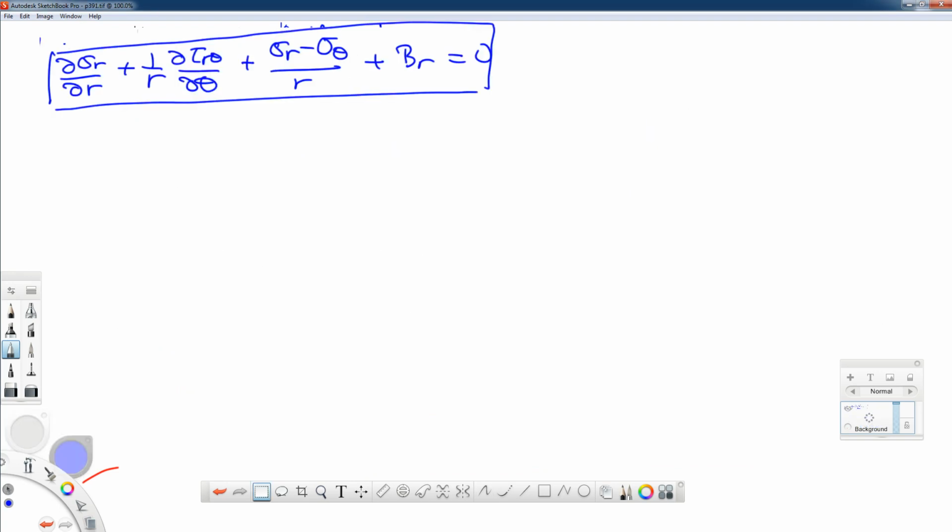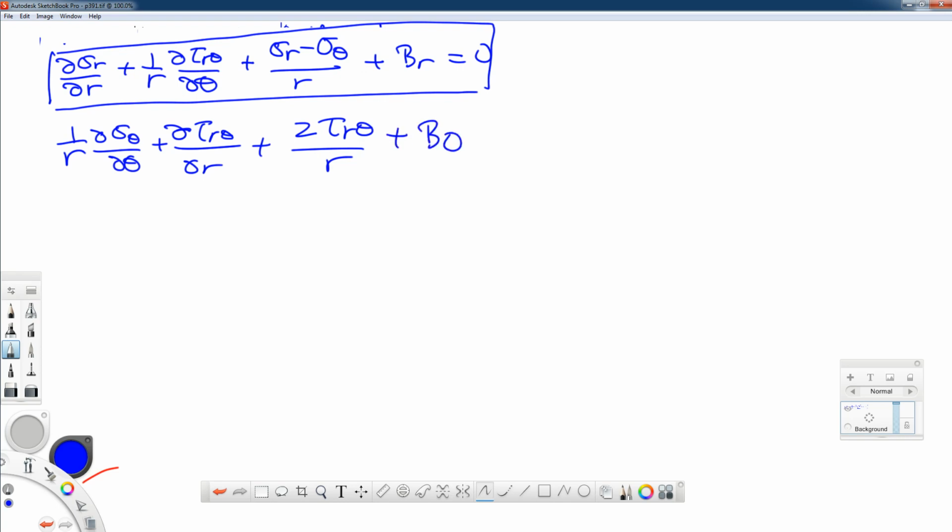Now we can go through that same process and do the equilibrium equation in the theta direction, and I will cut to the chase on that one. It ends up being 1 over r partial of sigma theta with respect to theta plus partial of tau r theta with respect to r plus 2 tau r theta over r plus b theta is equal to 0.